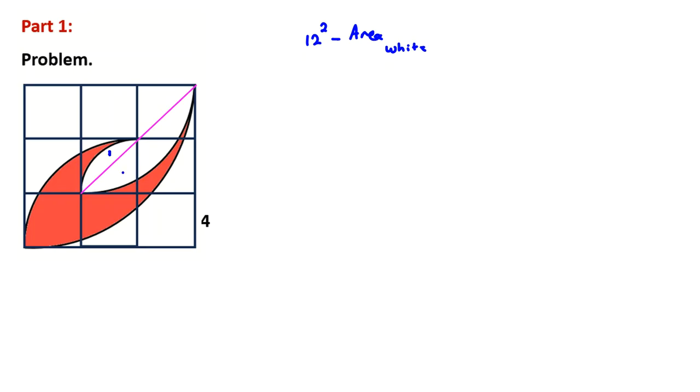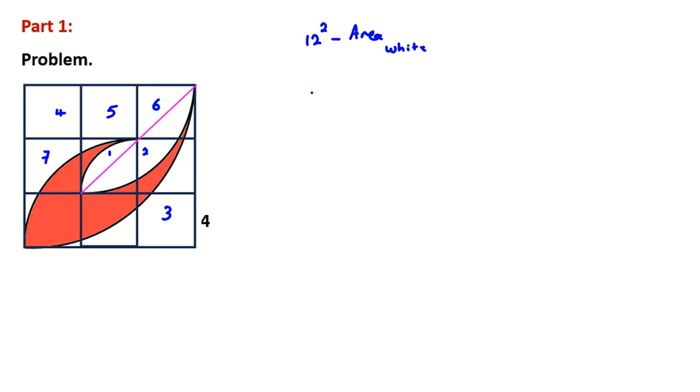I call this one 1, this white region 2, this whole part 3, this one 4, this one 5, and we call this one 6, and this part 7. So 3 is completely this part, and 2 is this part. Let me show you.